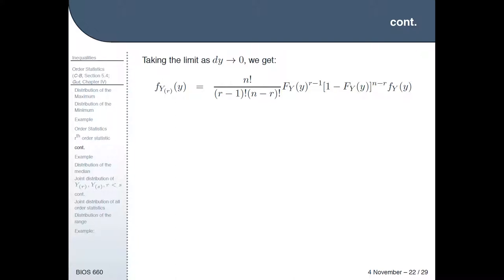It is multiplied by the probability that you're less than y exactly r minus 1 times, which is of course F of y to the power r minus 1, times the probability that you are greater than this little delta interval n minus r times, so 1 minus the CDF to the power of n minus r, times the probability of landing in that interval, which is just the density evaluated at y. And using the formula for the beta function that I gave a few lectures ago, you can write it like that so that you don't have to write the factorials.